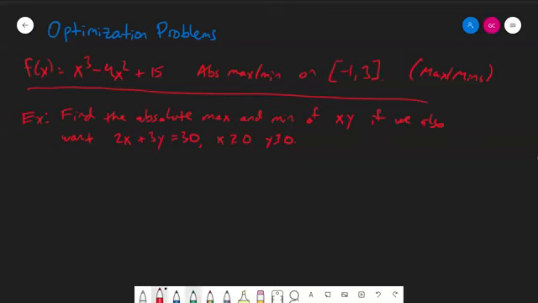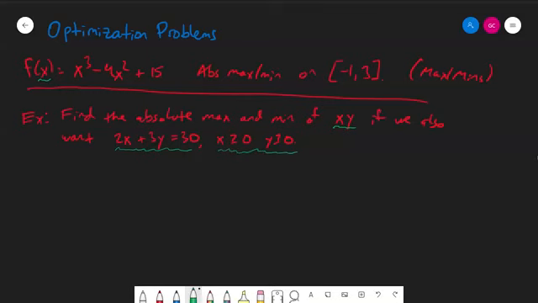Now offhand this looks pretty different because we have two variables. It's not just a single variable function of x, but I have a function of x and y that I want to make as big as possible and as small as possible. And then I have this extra condition here that x and y have to be related by this equation and that I want x and y to both be positive.